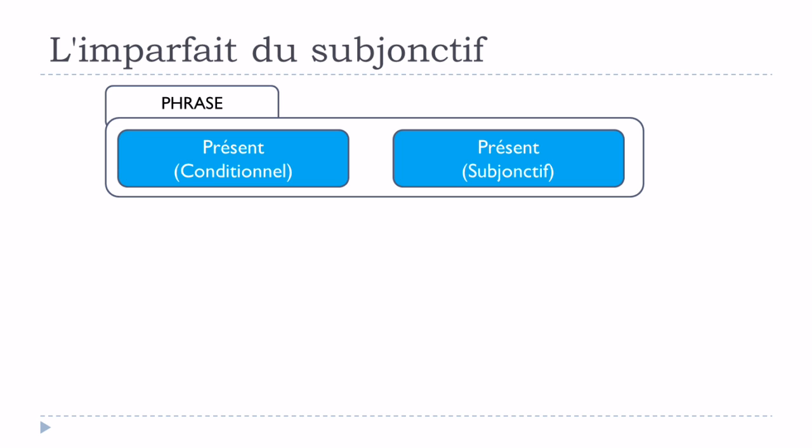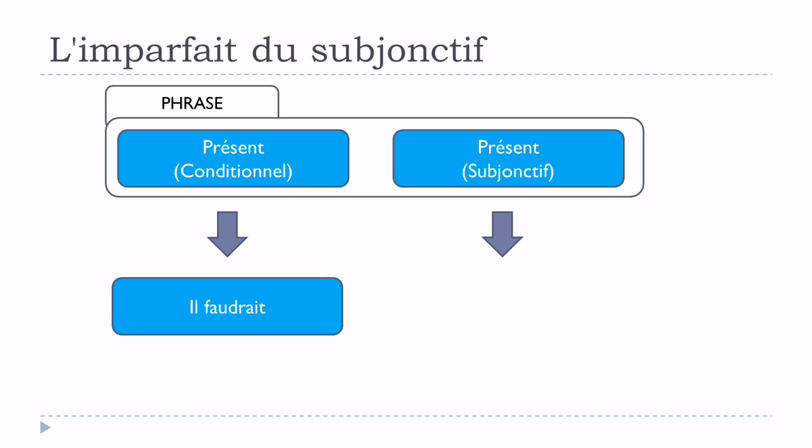So let's have it here right now. Présent du conditionnel in the first part dans la principale, il faudrait, and then you will have qu'il parle, okay, so you can see that here it's the subjonctif présent.